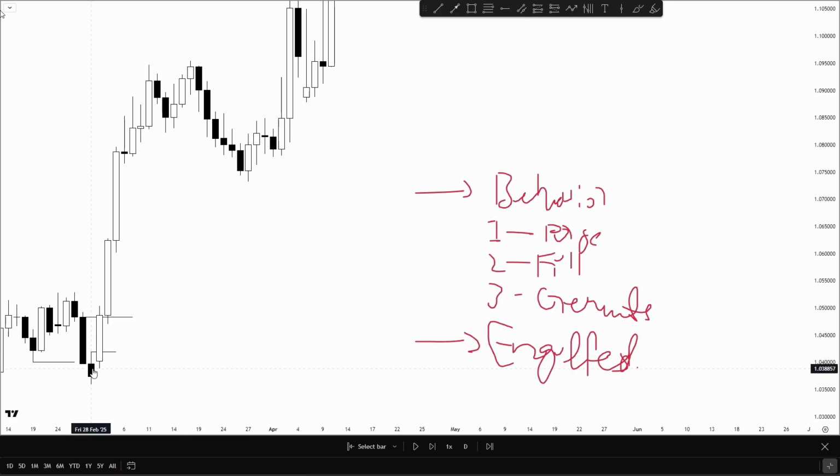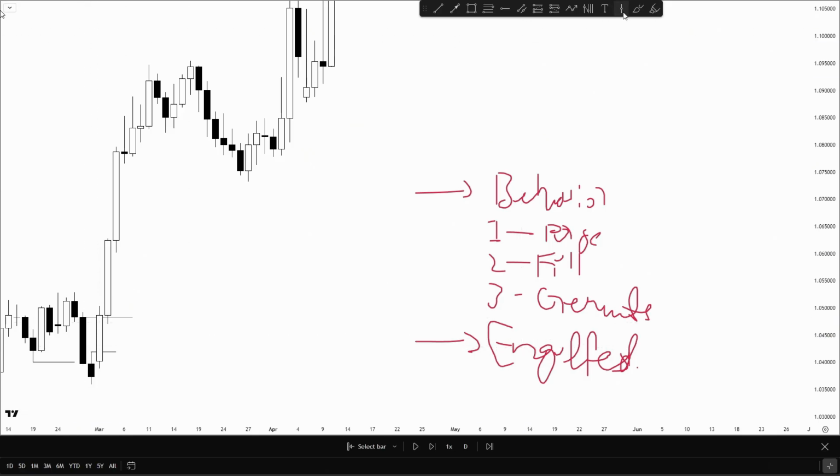The reason for that is that price closed above these two candles together as a whole, which brings us to our next idea, which is when to choose a single candle and when to choose multiple candles in an order block. That boils down to how price closes above a candle or those candles.